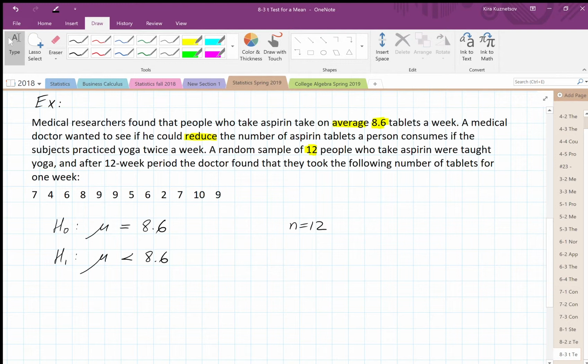In order for me to run this on my calculator, I'll click Stats, over to Tests, your t-test should be your second one. Then because you have data, you have to select data.